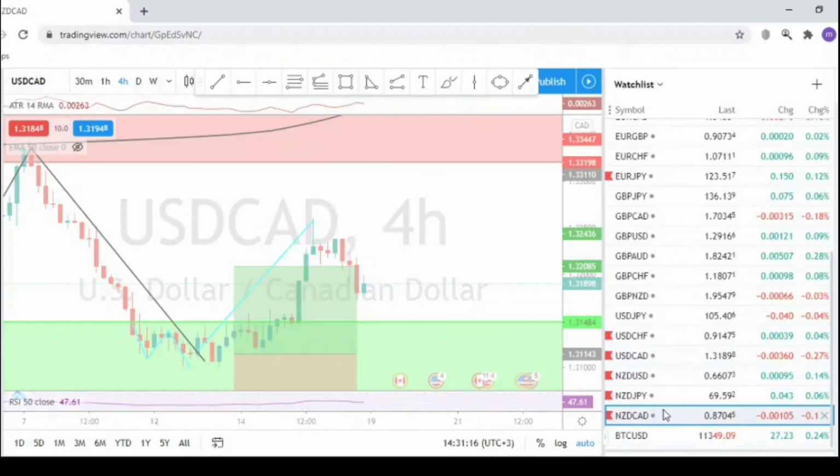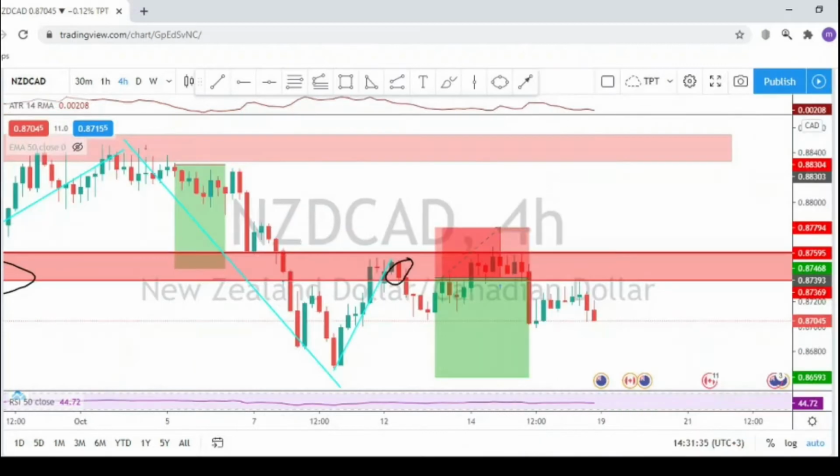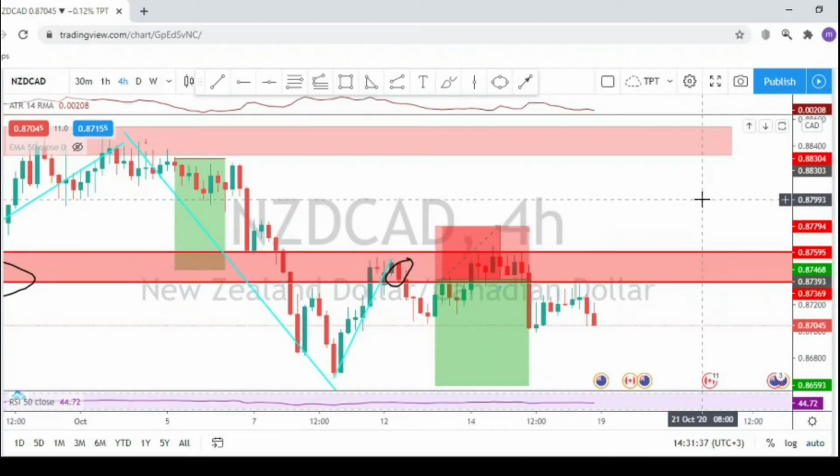New Zealand Canadian and dollar Canadian correlate because they all have Canadian dollar. So if I buy 1 pair and sell 1 pair, it means that for certain 1 trade is going to be a win or 1 trade is going to be a loss. And if my risk to reward ratio is 1:2, I'm going to be profitable because my reward is much higher.